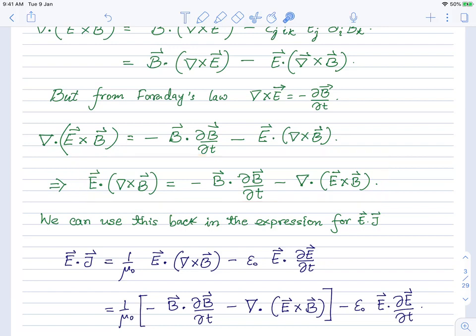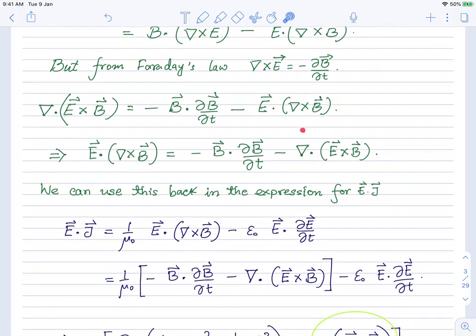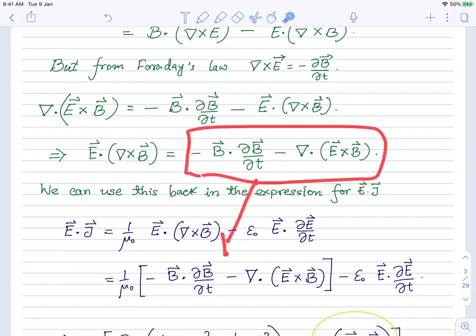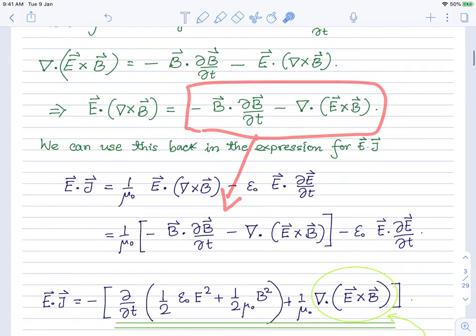With this particular identity, in this identity I have taken this on the left hand side and took this on the right hand side. And this is the one that appeared in the E dot J expression here. So we substitute that using these two terms here, and we get this expression.